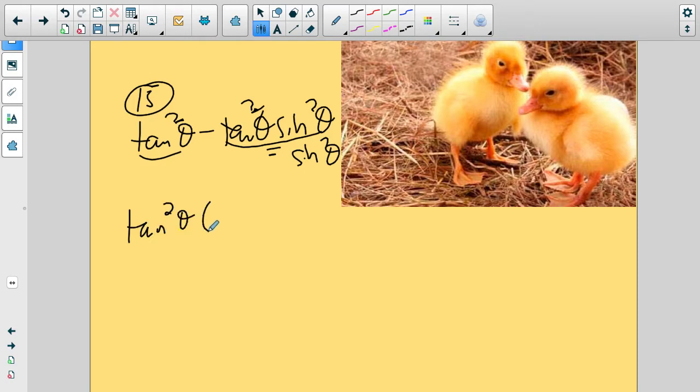I'm factoring out tangent squared, what's in common. There are other ways to work this one, but they would take you a really long way. That leaves me 1 minus sine squared, which you should be getting used to.